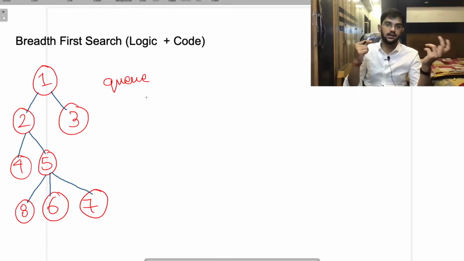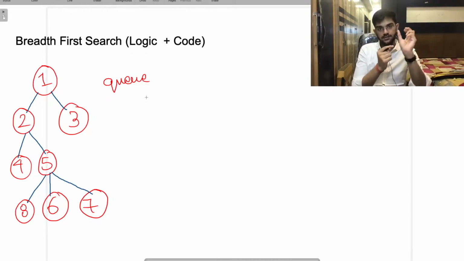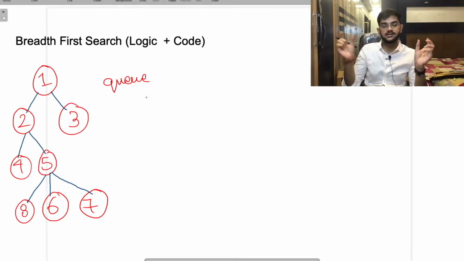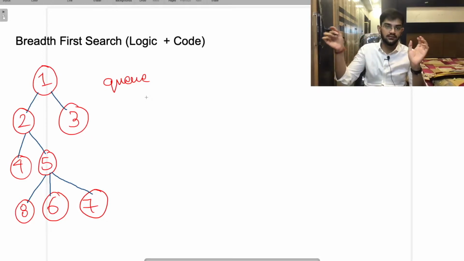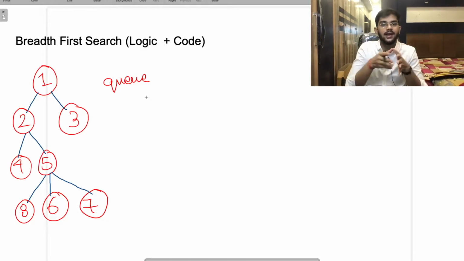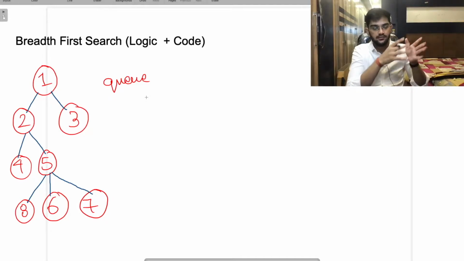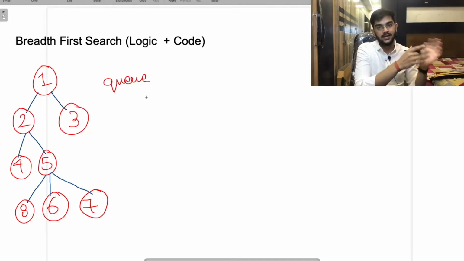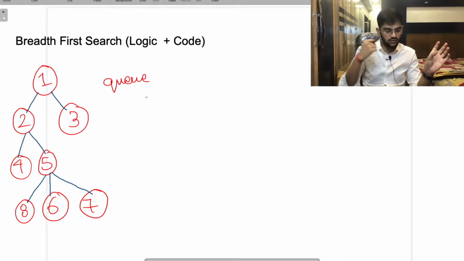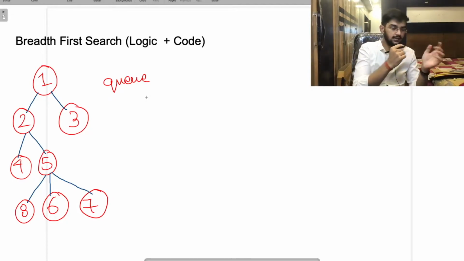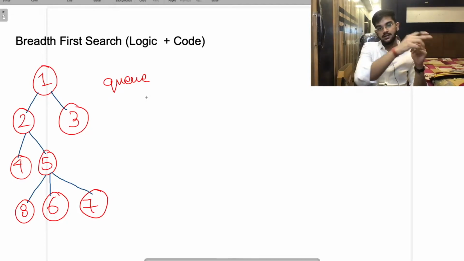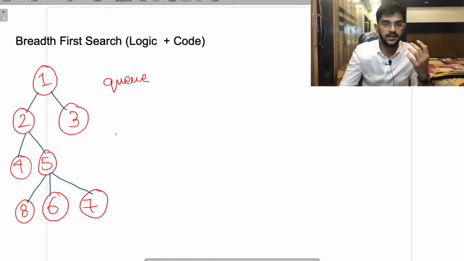So the element comes out from the front part, and the rear part is where you insert the element. It's like a line, like if you're in a shopping mall at the ATM section, you come in a line and then you exit out of the front. So you can make sense of it here.